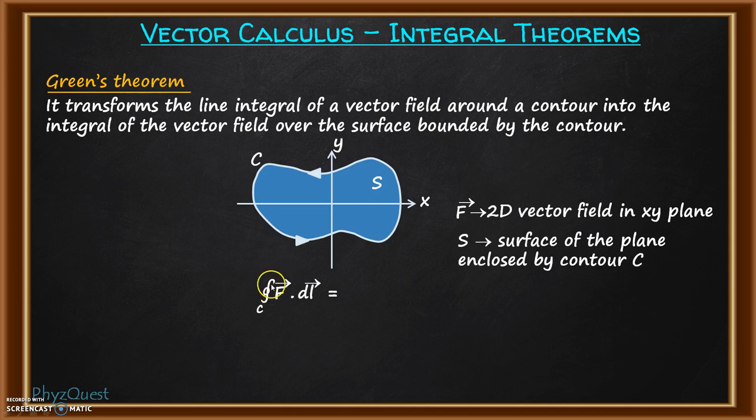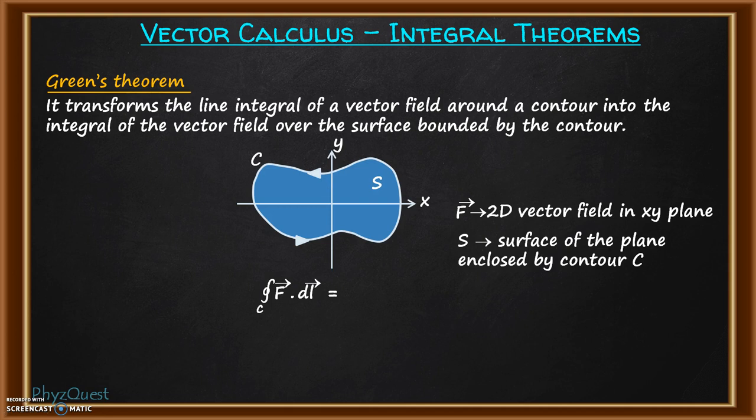In that scenario, the line integral of the vector field over the curve C indicates how much the vector field is aligning with the curve C. Suppose this curve is open at this point. Then the line integral of the vector field taken over this curve will be how much the vector field is aligning along this curve. This is what the line integral represents.